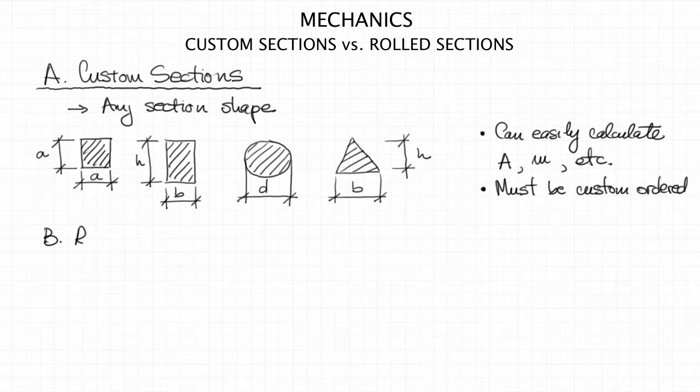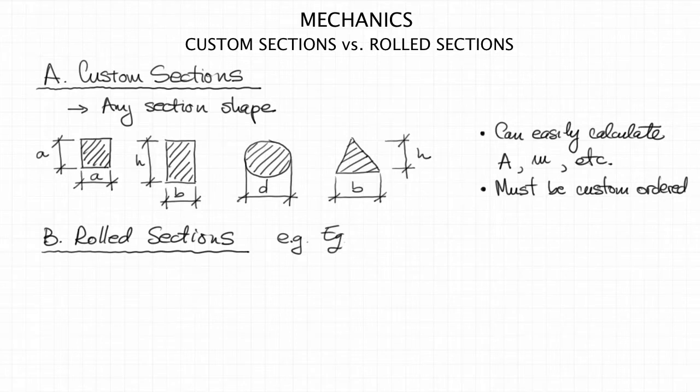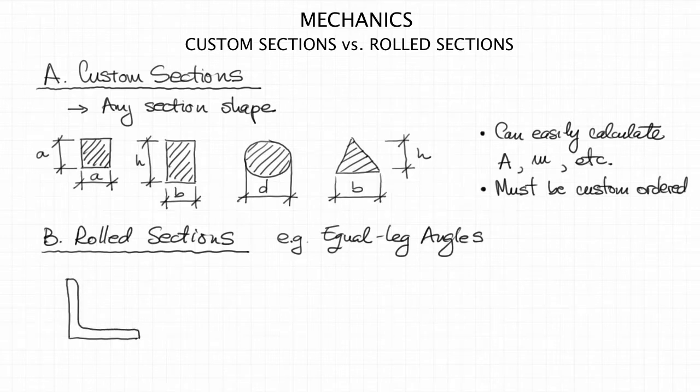The second type of sections, let's call them rolled sections, and you'll see shortly why they're called rolled sections. As an example, for the members in a truss, we will look at what are called equal leg angles. The cross section of an equal leg angle looks like this.